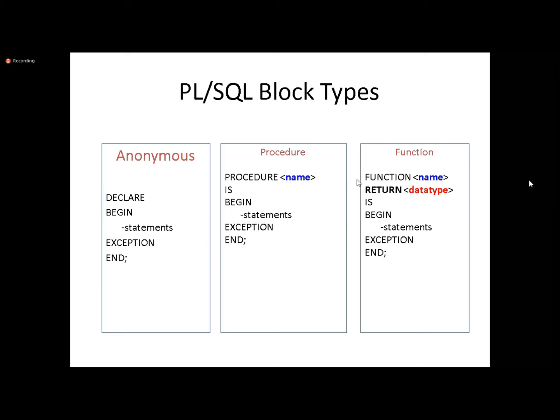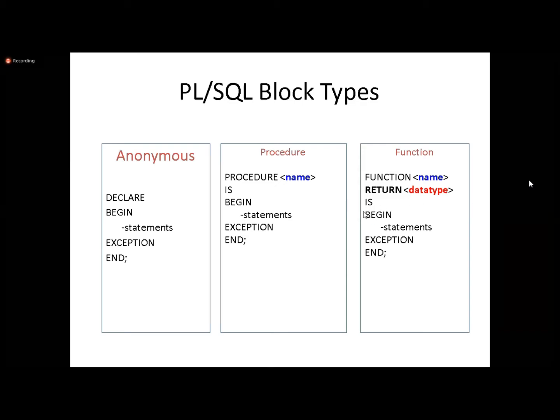If you take functions, you have a function name, then you should have a return data type. It's much like other programming languages like C Sharp. I think you have experience in the previous semester. You should have a return type for a function. In the same way, here you should have a return data type to be mentioned.